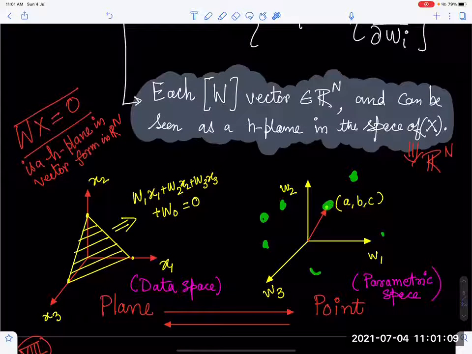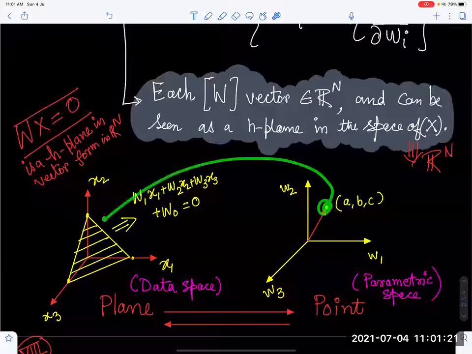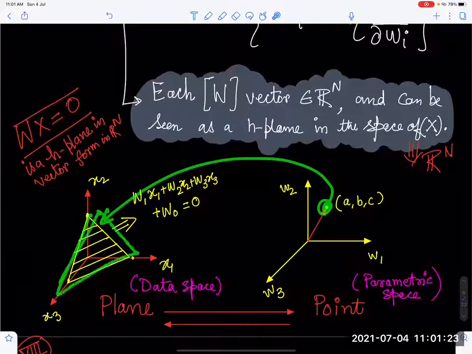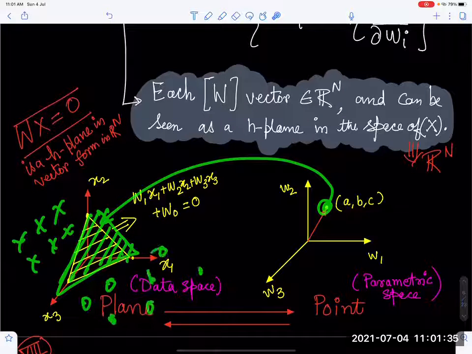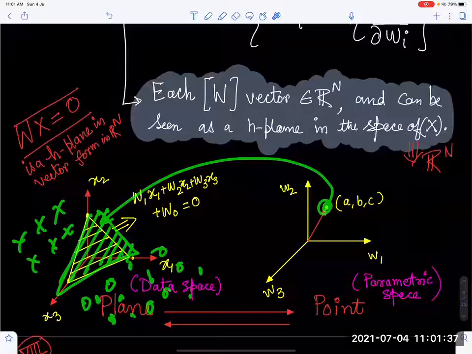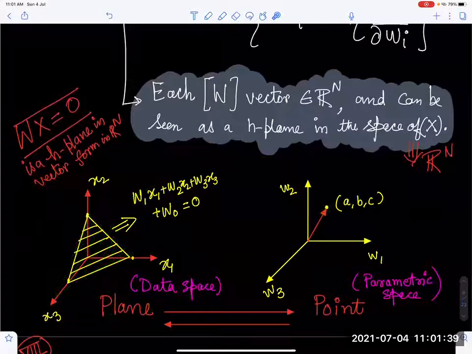You got initialized randomly somewhere, and now you want to change your hyperplane in such a way that it gives you the exact hyperplane, where all the positive points, or one class, are in one place and the other class points are on the different side. That is the optimization that we are trying to do.